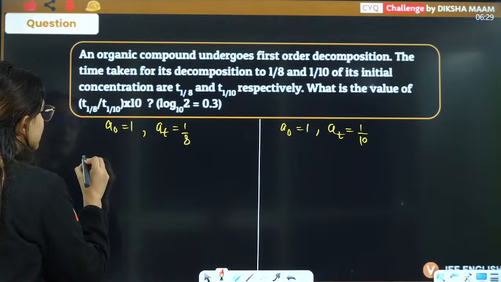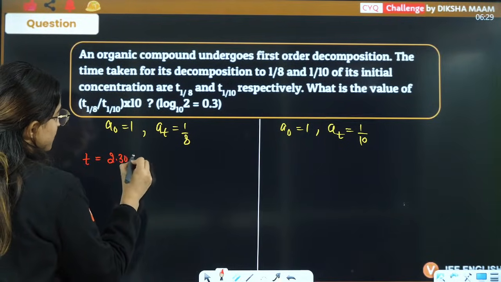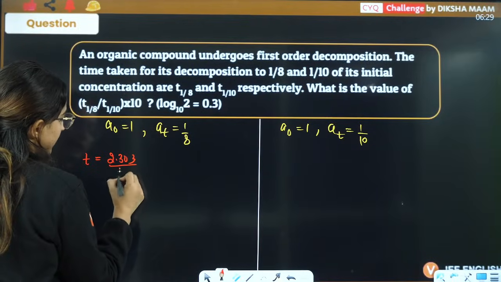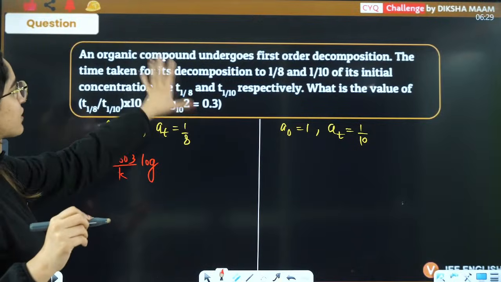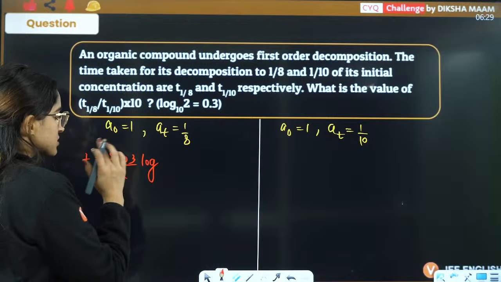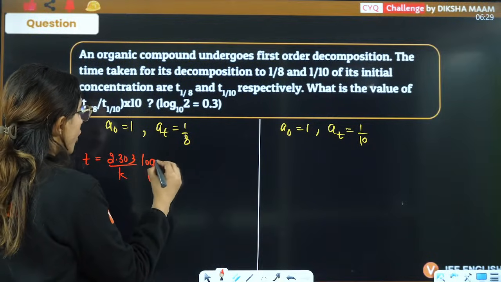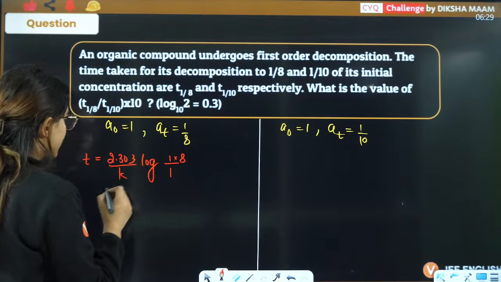The formula is t is equal to 2.303 by k log of, see, k will be the same because it is the same reaction that is undergoing. So k is going to be the same. This is also constant. This is log of initial concentration 1, final is 1 by 8. So it is going to be this.